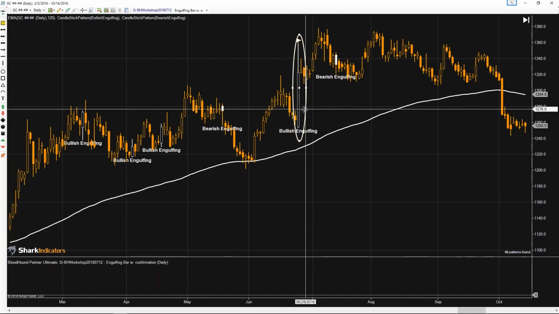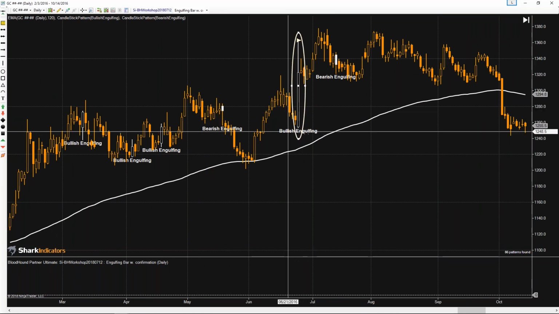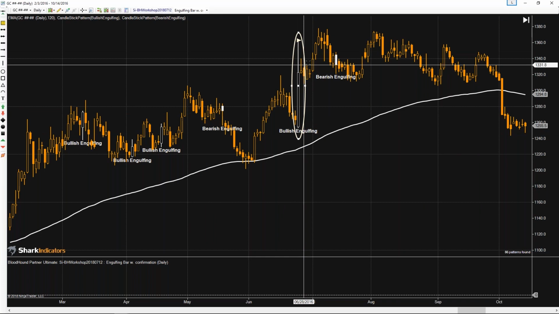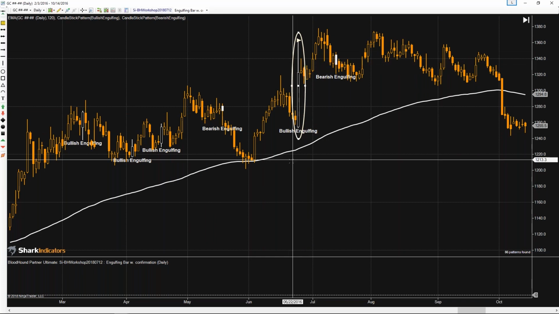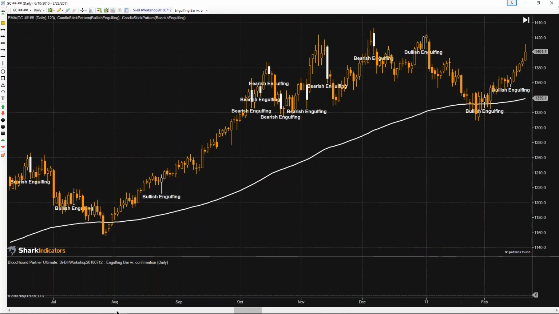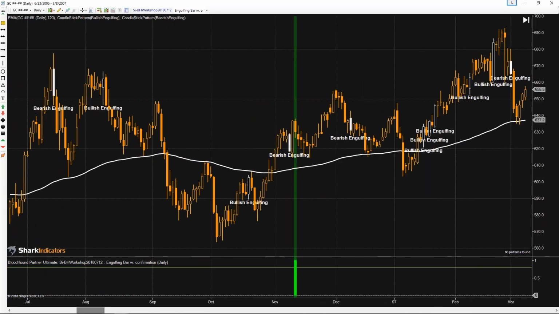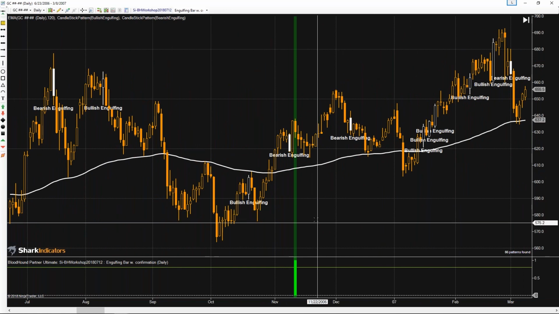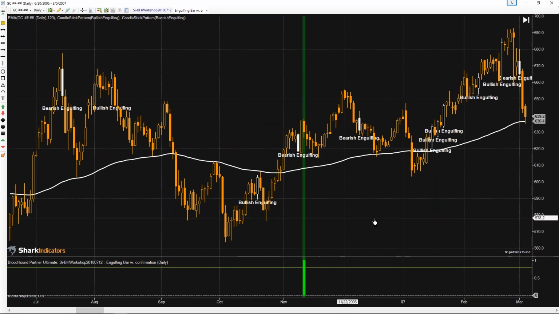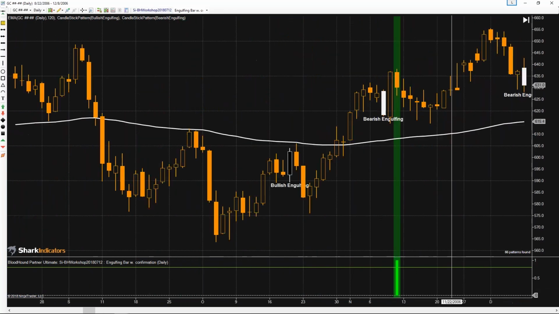And remember, this bullish engulfing did not have a confirmation bar, so no signal. And there we go. It looks like it met all the rules there.